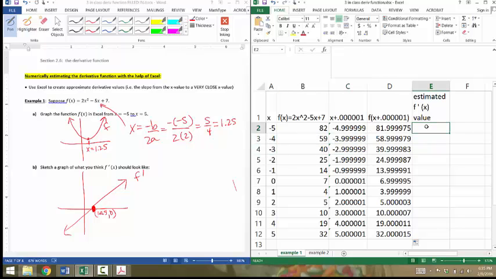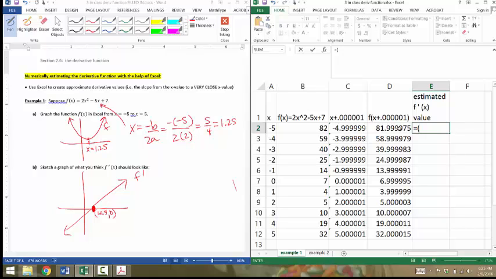We're going to find these average rates of change of these points that are extremely close to each other, and that should serve as a good estimate of the instantaneous rate of change, the f prime value. So we do a change in y over change in x. Don't forget parentheses.